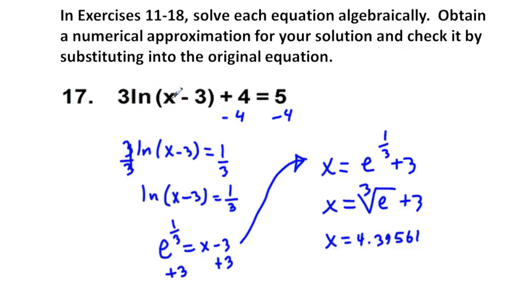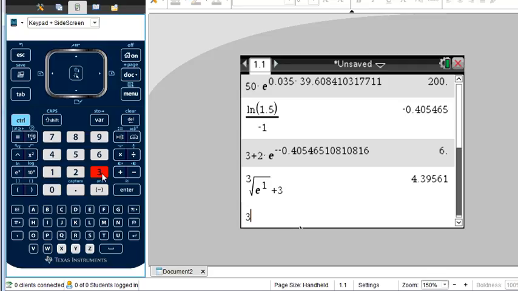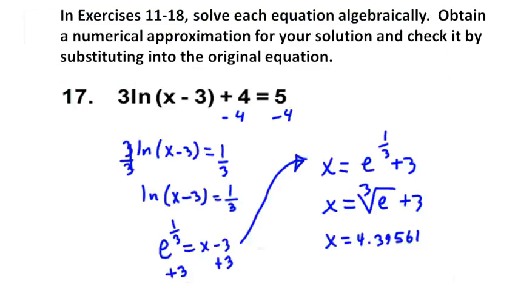So we're going to take 3 natural logarithm of parentheses x minus 3. So on our calculator, 3 times the natural logarithm of x, for that I'm going to use ANS, Control, negative sign, minus 3.